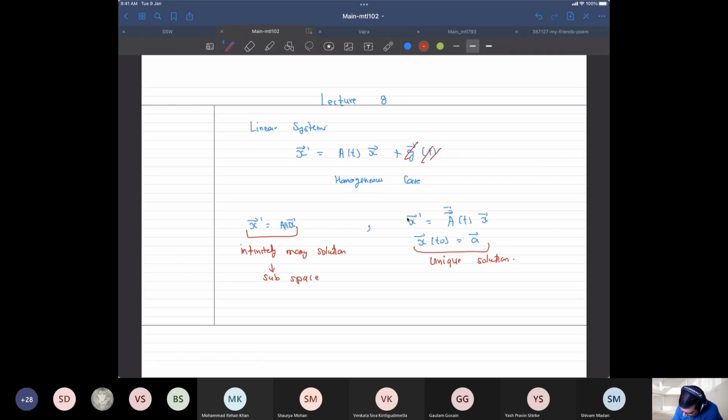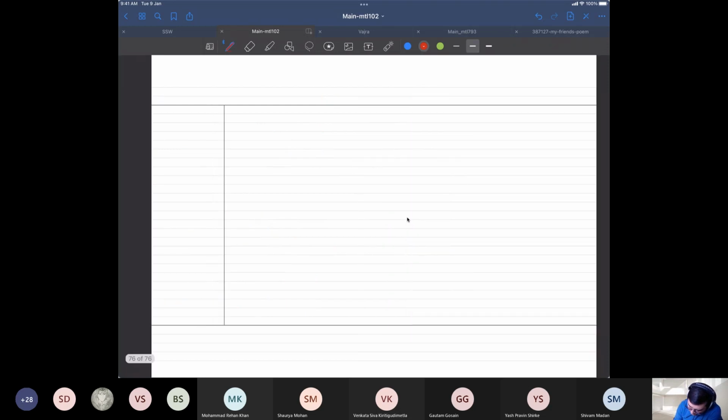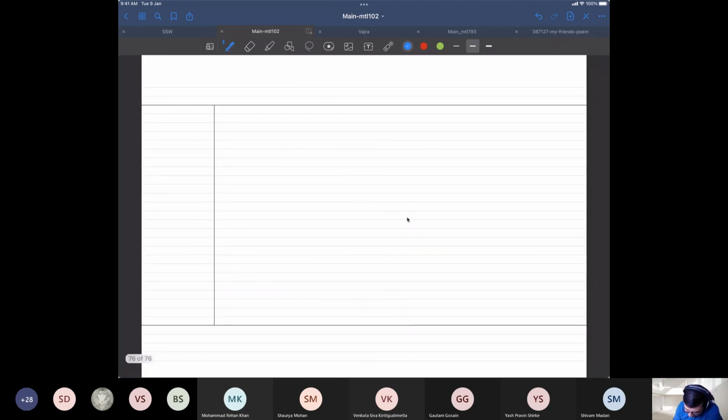If A is an n cross n matrix, then the dimension of the solution space is n. Okay, and this was proved in your first year lectures. So again, a repetition.